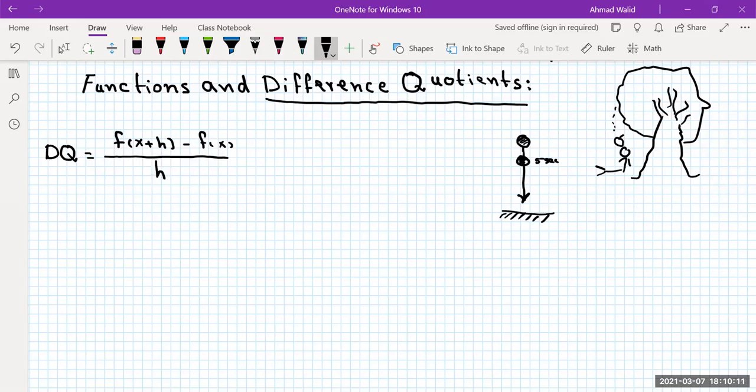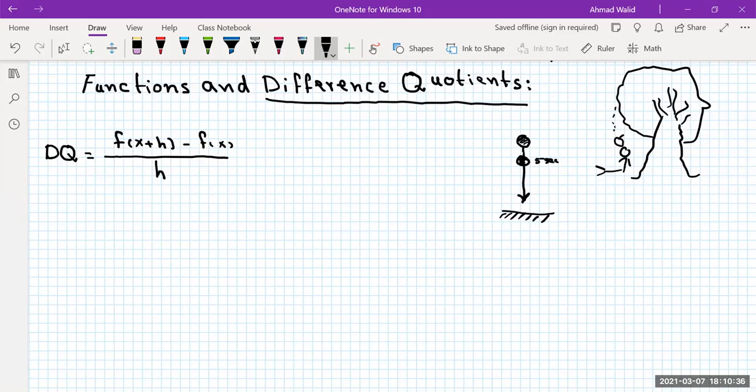We call this formula the difference quotient of a function. Now, if they give me any type of function, I can find the difference quotient of that function. Just remember it in this class as a difference quotient.